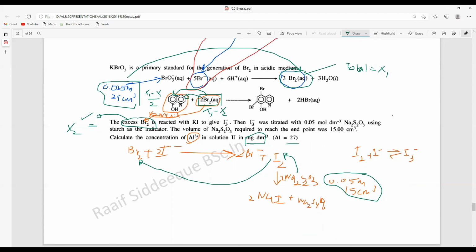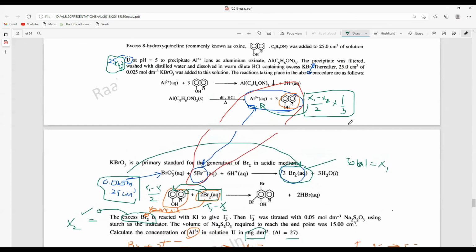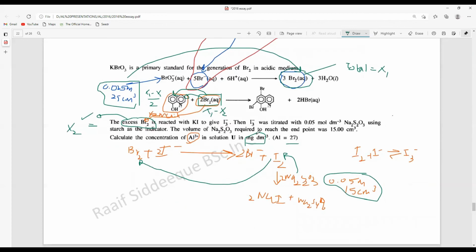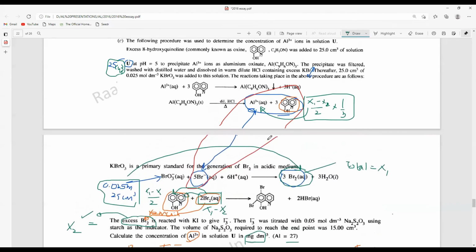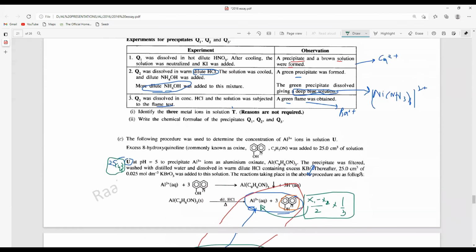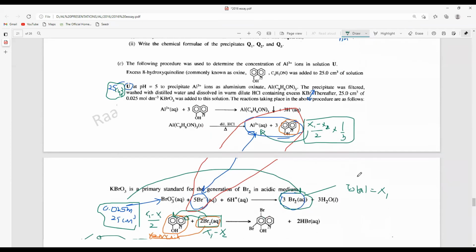You divide this by 2 to get the amount of oxime, and then divide this by 3 to get the aluminium 3 plus moles. And you know the solution volume, 25, so you can find the concentration and express that in milligrams per decimeter cubed. Okay, so this is a simple explanation for this particular question.